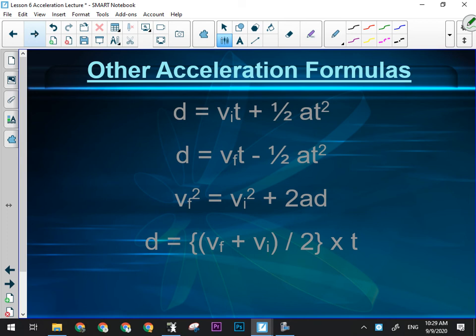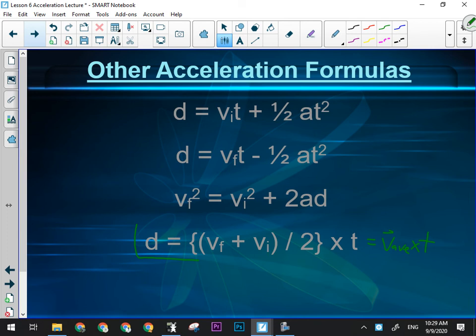When you add 2 things together and divide by 2, what are you calculating? Any 2 things and divide by 2. Average. Yeah. This actually calculates average velocity and multiplies by time. So this formula is really just this, which is fine as long as the acceleration is uniform, like it's one section of a graph.